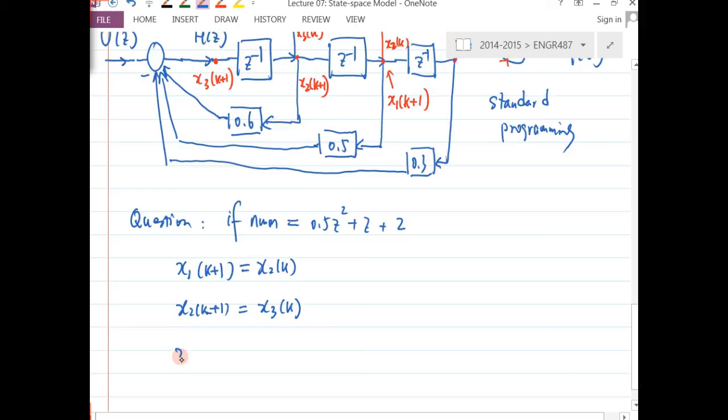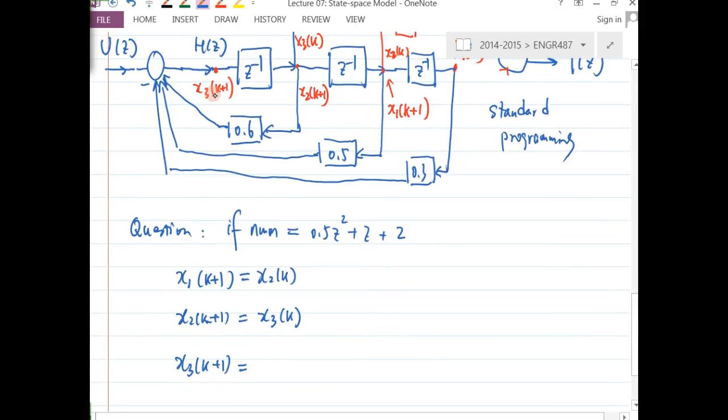What about x3 of k plus 1? Well, there's no x4. So x3 of k plus 1 equals u minus whatever signal is over here.